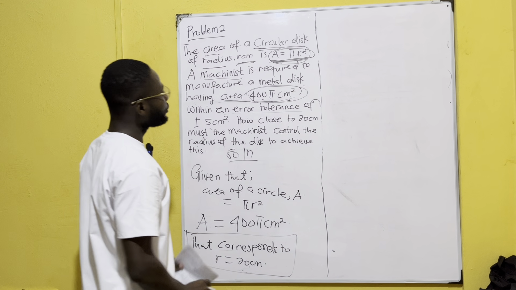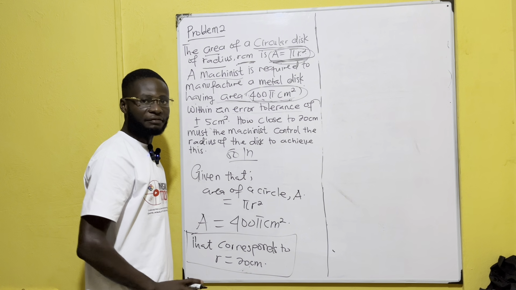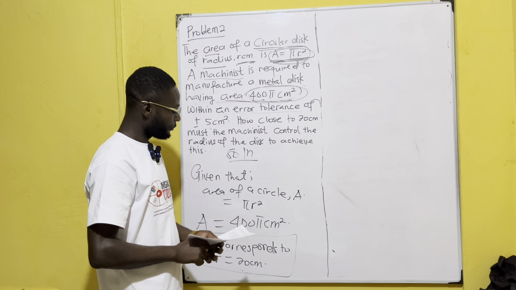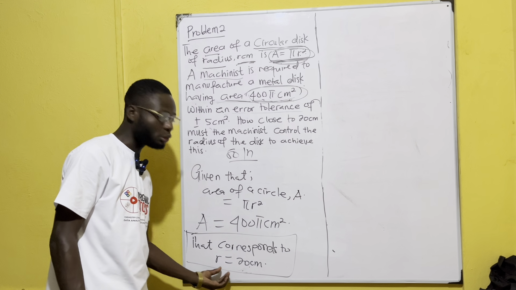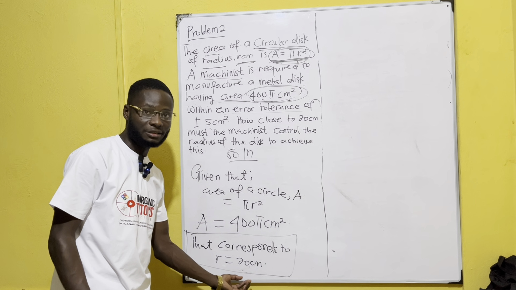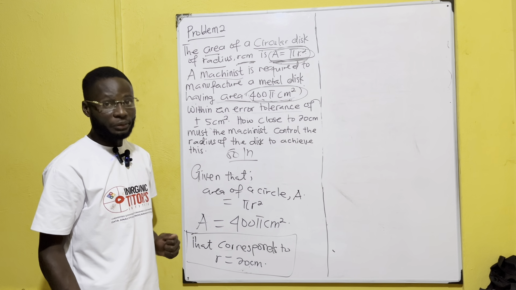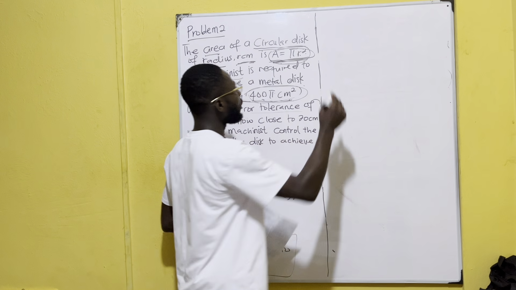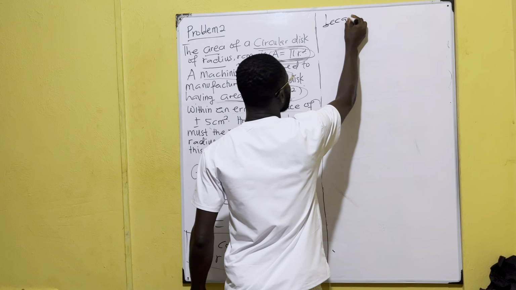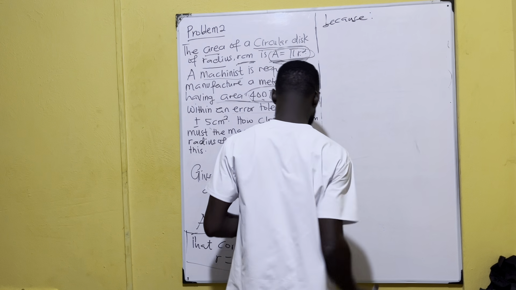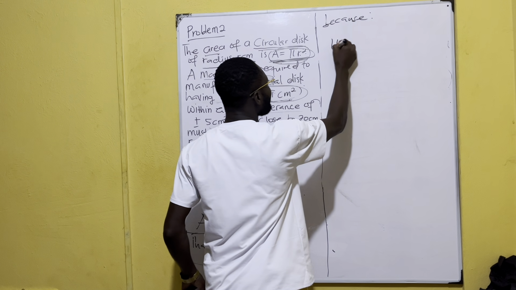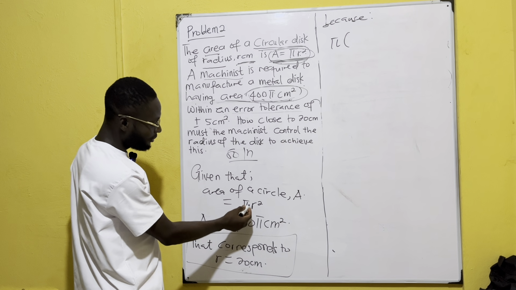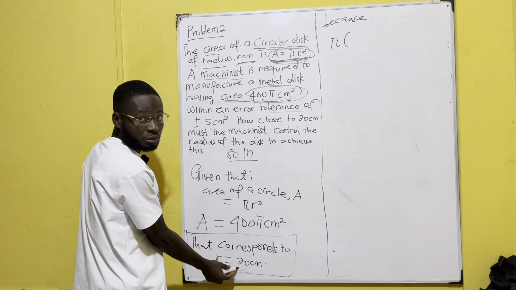Okay, once we note this basic information, then we can go ahead. You know why we are saying that this should correspond to this 20 centimeters radius? It is because when you have pi into 20, we have been given the radius to be 20, right?